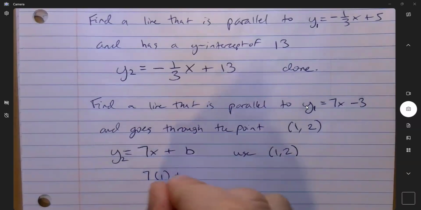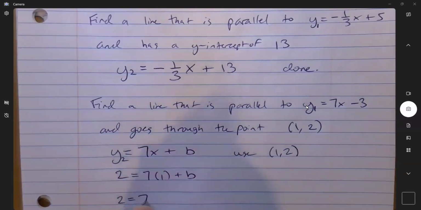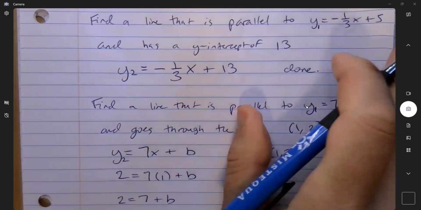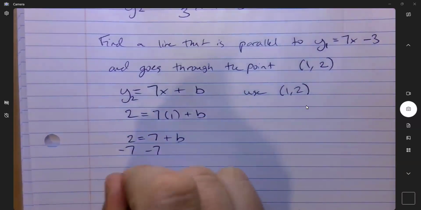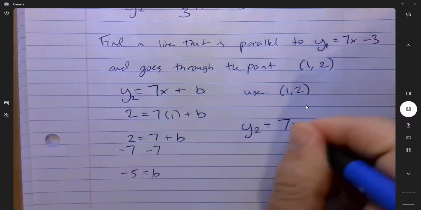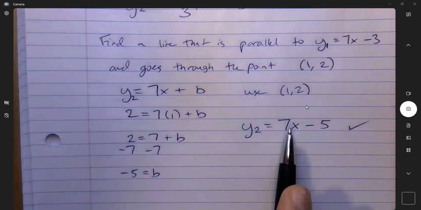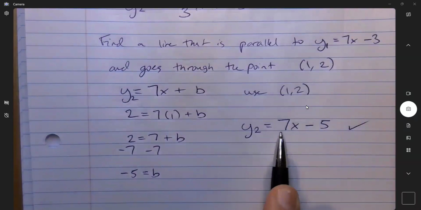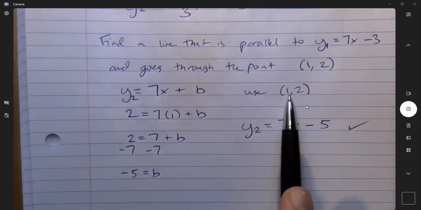When x is 1, y is 2. And so I get 2 equals 7 times 1 plus b, so 2 equals 7 plus b. Subtract 7 from both sides, and I get -5 equals b. And that tells me that my formula is y2 equals 7x minus 5. Easy. The key is the slope is the same. The y-intercept is different. And this particular line will go through the point (1, 2).